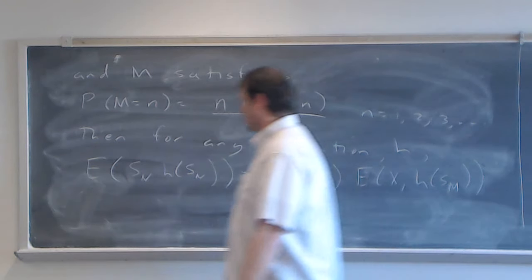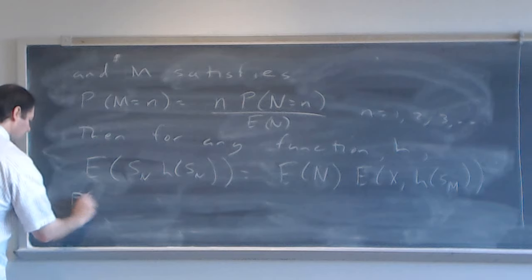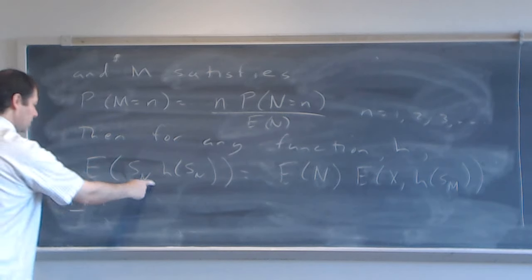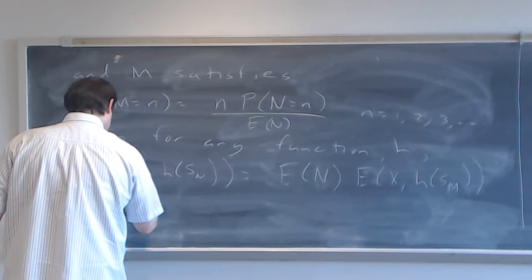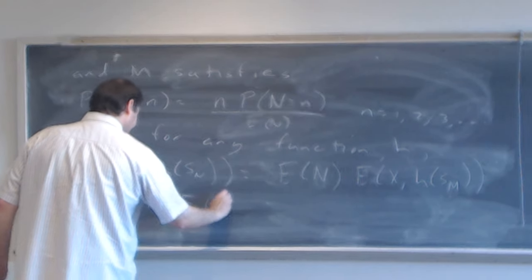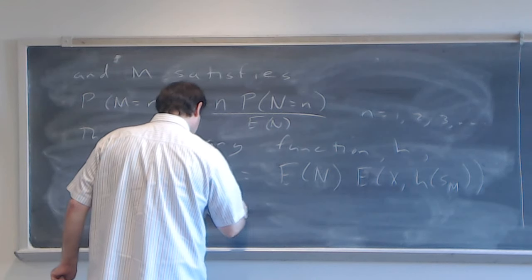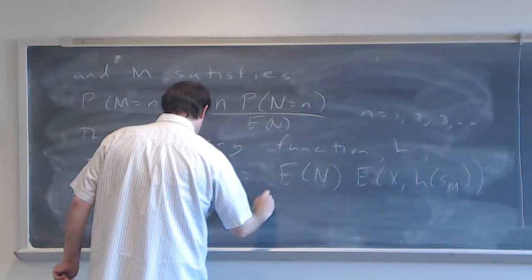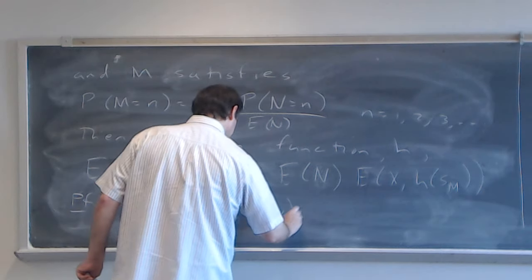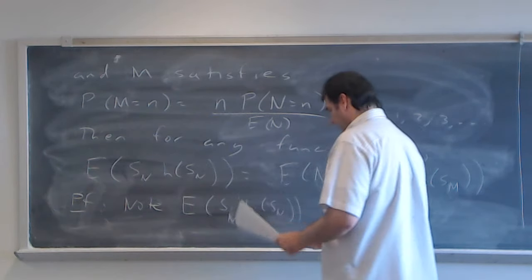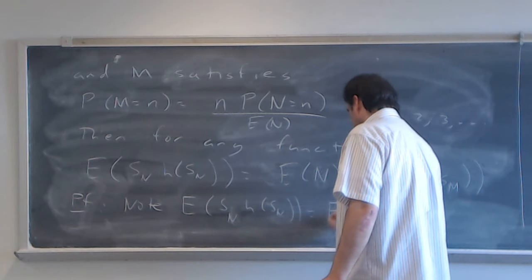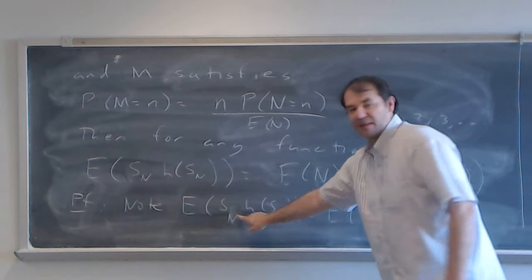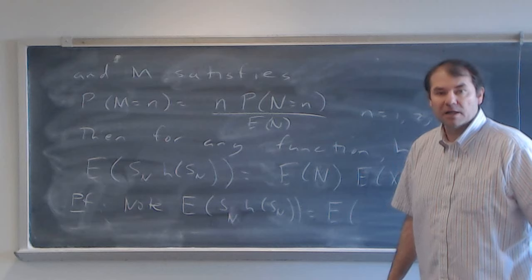And so we'll prove this by conditioning. So here's the start of the proof. Note the expected value of S sub N times h of S sub N. Well, that's equal to, first of all, its expected value, where S sub N is the compound random variable.